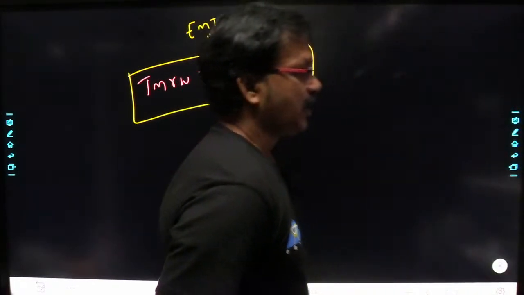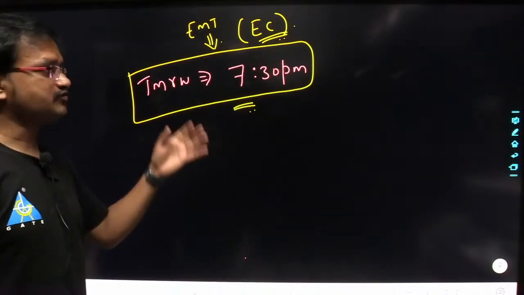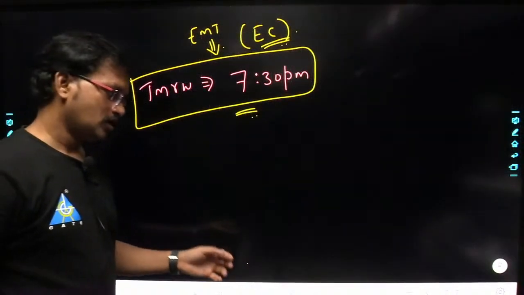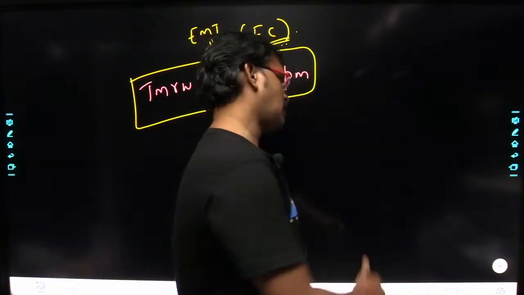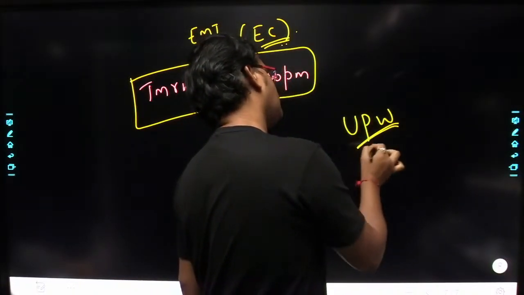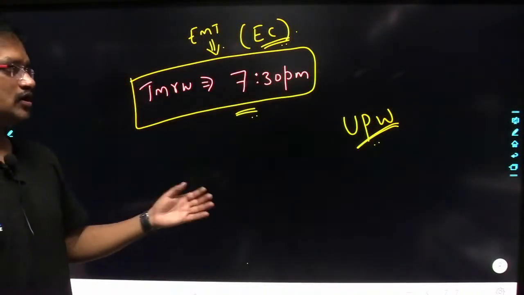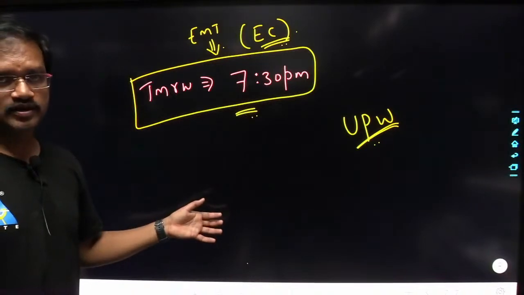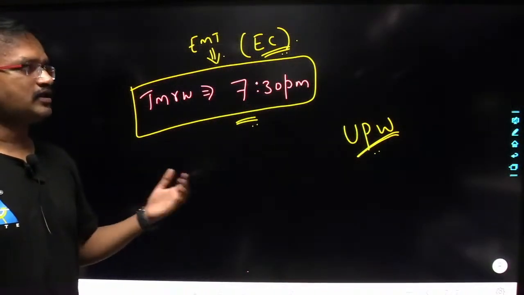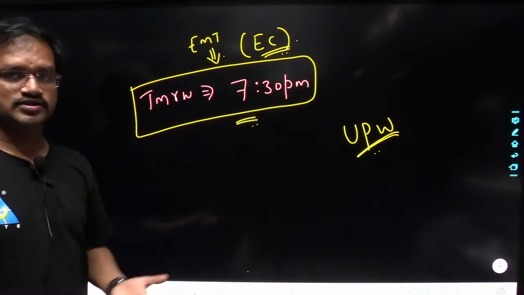Selvaraj, as it is just the first class for EC students, that's why I have started today itself with uniform plane waves. I have taken some basic problems so that you will get familiar with these parameters: intrinsic impedance, phase velocity, phase constant, all these things.